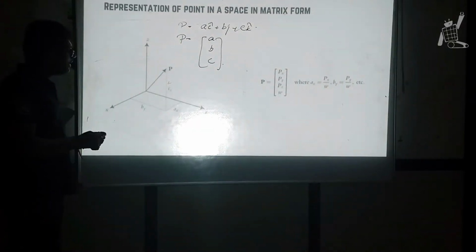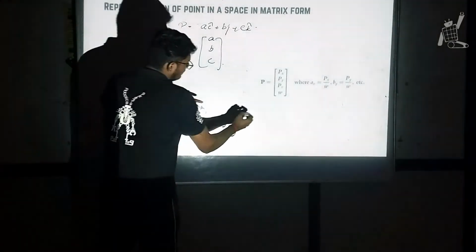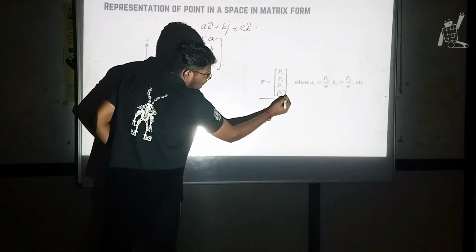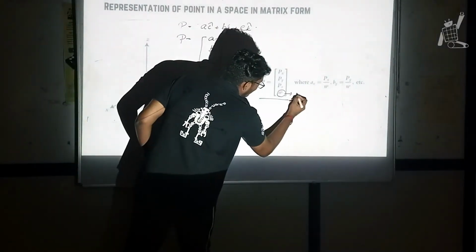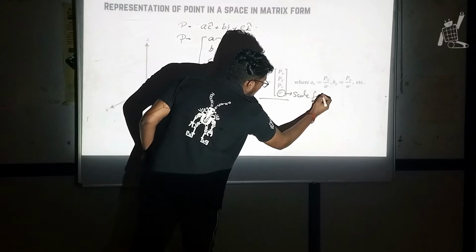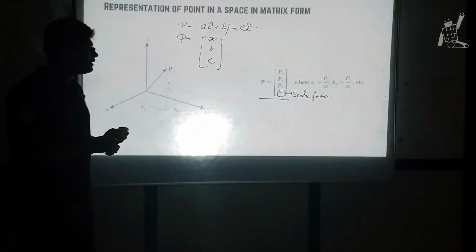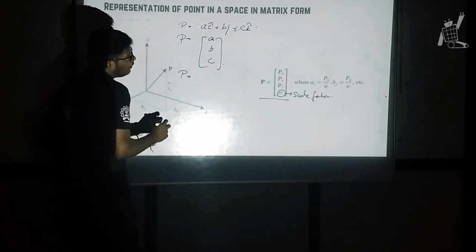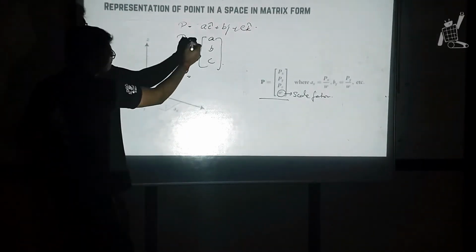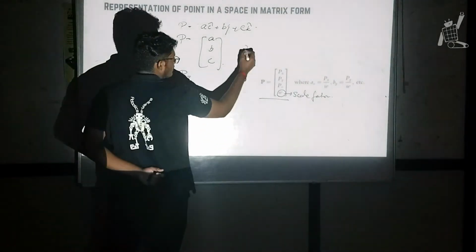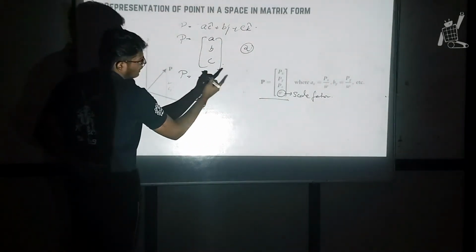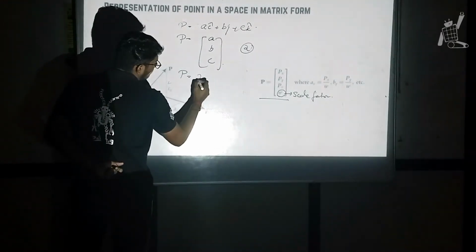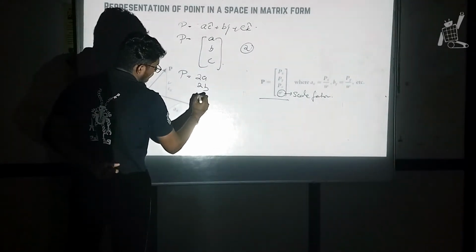And this is another kind of representation where we use one more additional term called w. That w is called the scale factor. If the same point has a scale factor of 2, it will become 2a, 2b, 2c, and 2.